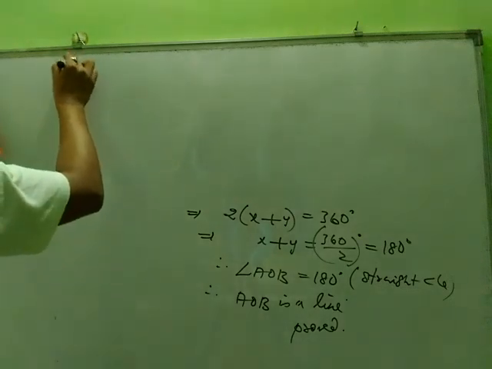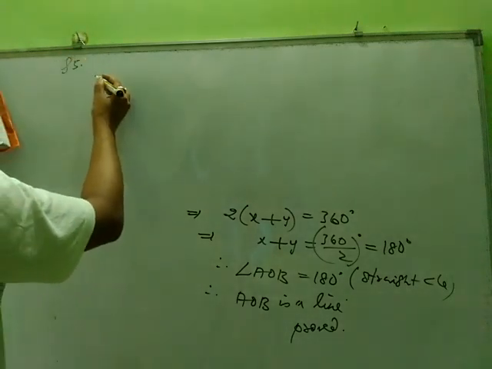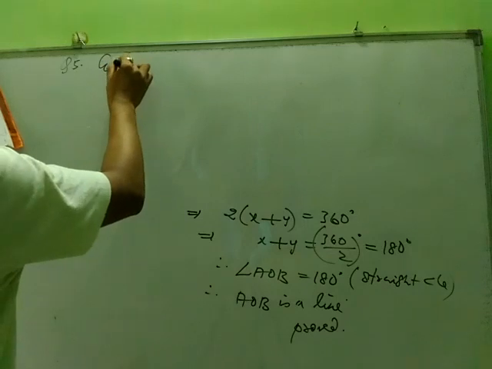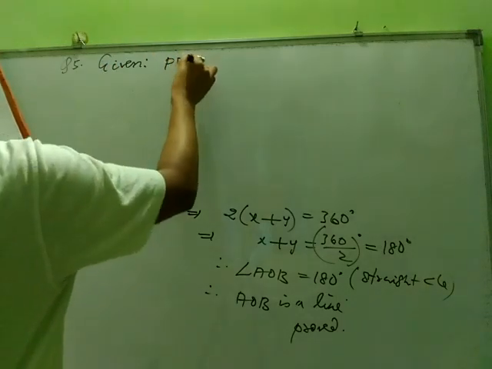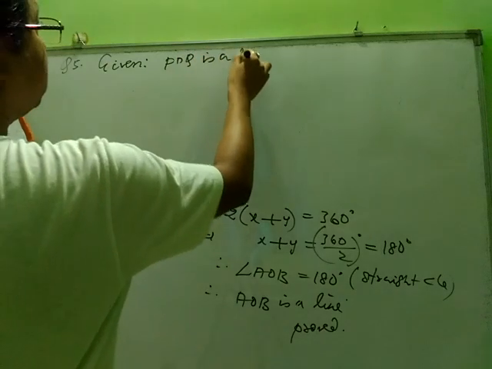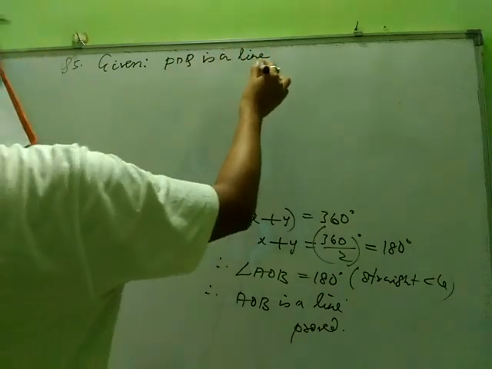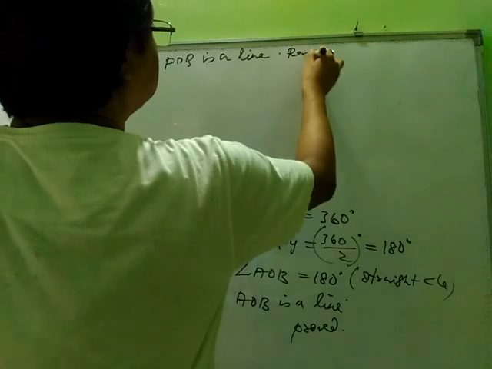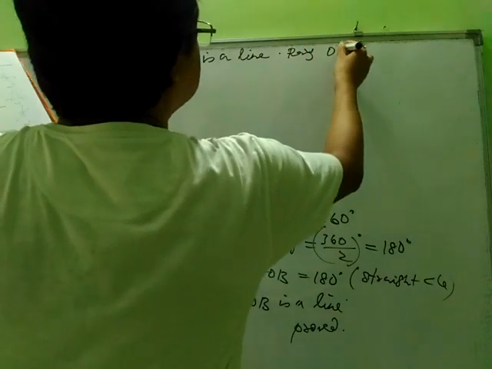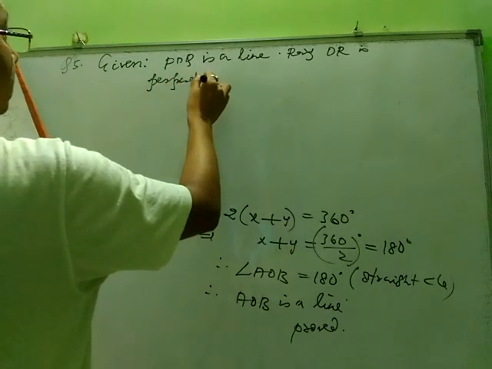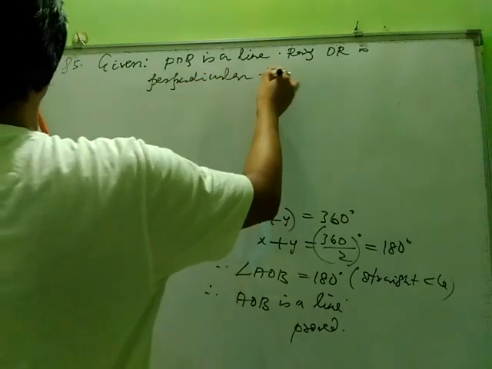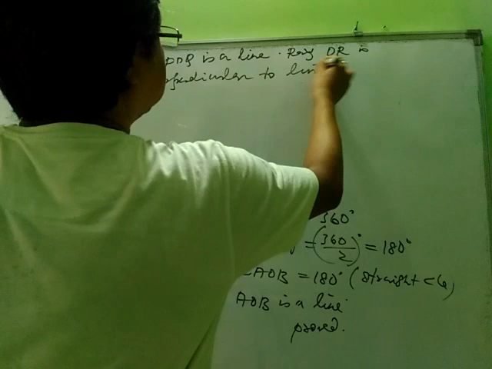Let us take number 5. Here given is that POQ is a line. Ray OR is perpendicular to line PQ.